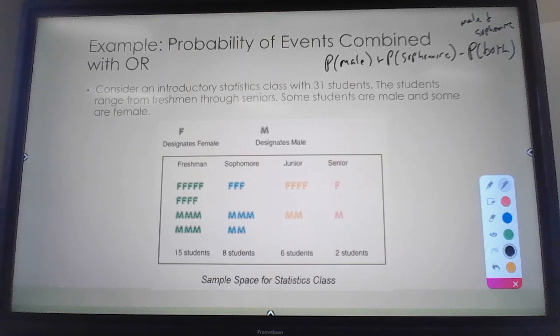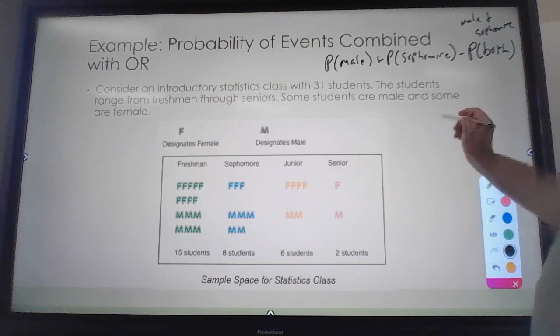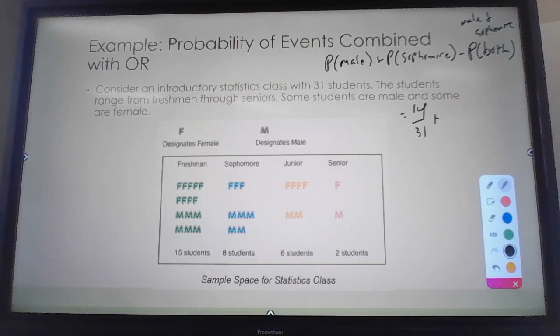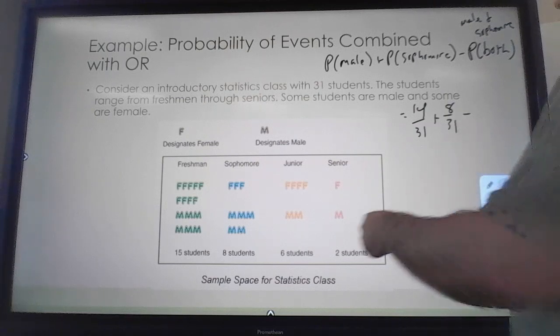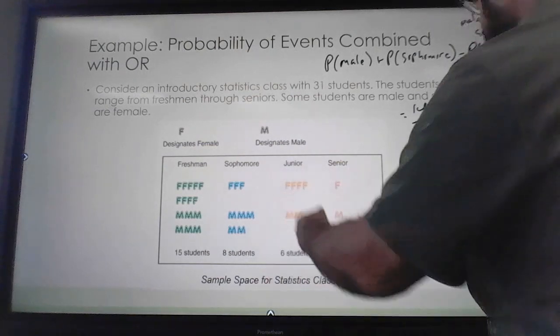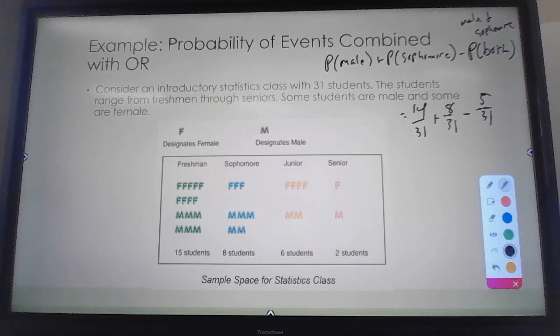Okay, so how many males do we have? Well, we have 6 here, 5, that's 11, 12, 13, 14. So that's 14 over 31. Plus the sophomores, we have 8 sophomores, minus the men that are sophomores. There are 5 of them, so that's 5 out of 31. Okay, so 14 plus 8, that's 22. 22 minus 5 is 17.